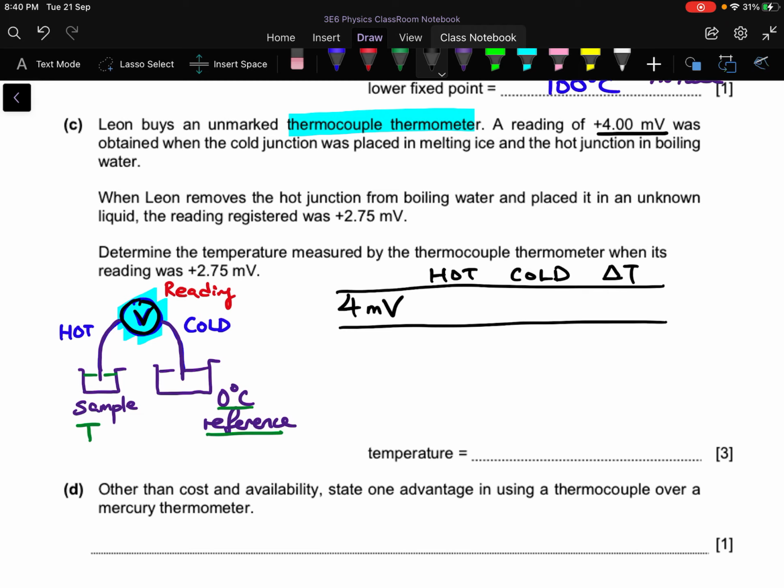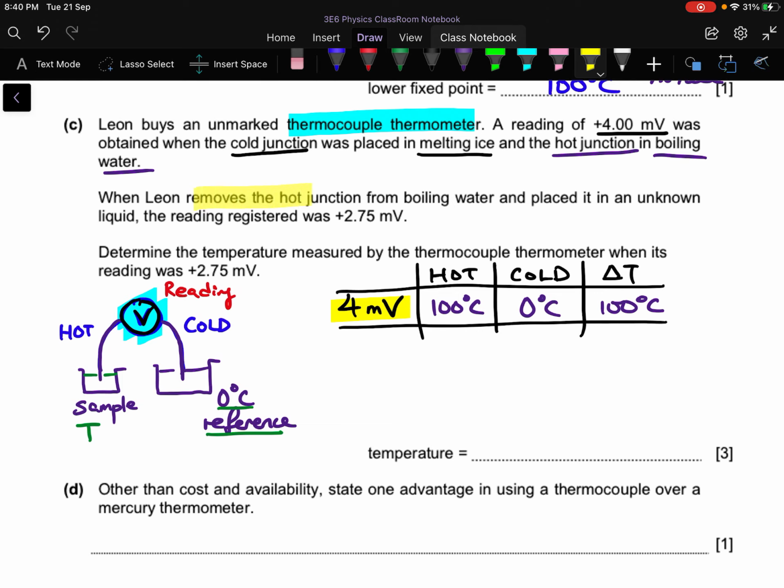When my cold junction is in melting ice, it means that it is 0 degrees C. Then my hot junction in boiling water is 100 degrees C. So now I know that a difference of 100 will give me a voltage of 4 millivolt.